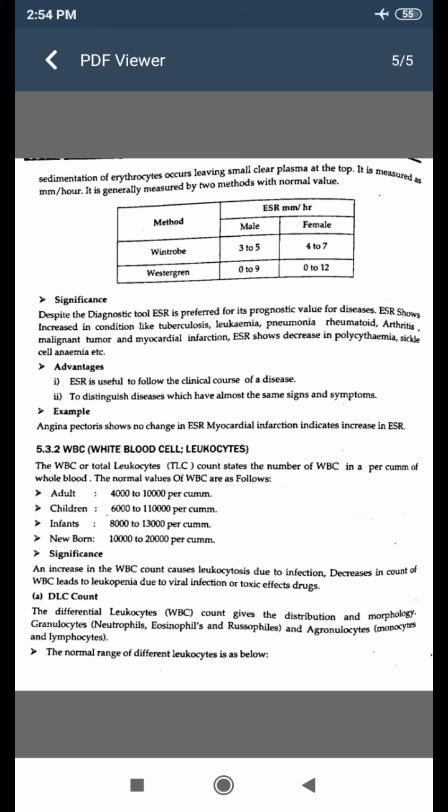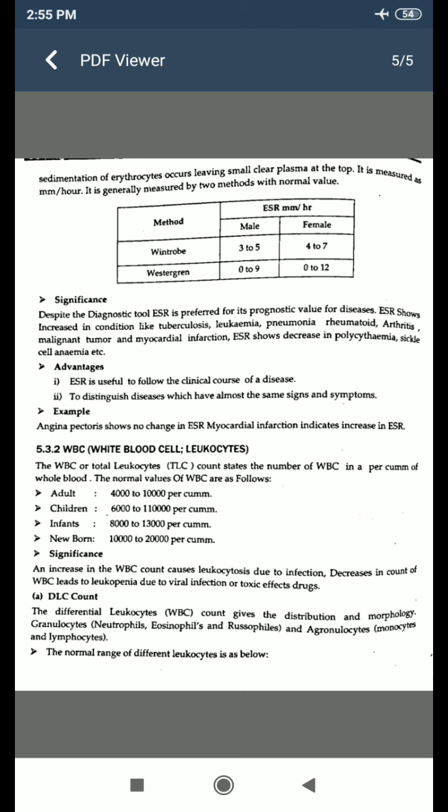Then significance of ESR, that is erythrocyte sedimentation rate. It is a non-specific diagnostic tool. ESR is preferred for its prognostic value in diseases. ESR shows an increase in conditions like tuberculosis, leukemia, pneumonia, rheumatoid arthritis, malignant tumor and myocardial infarction.